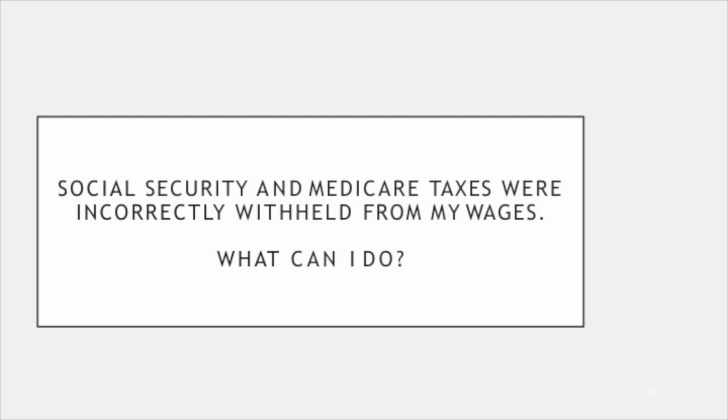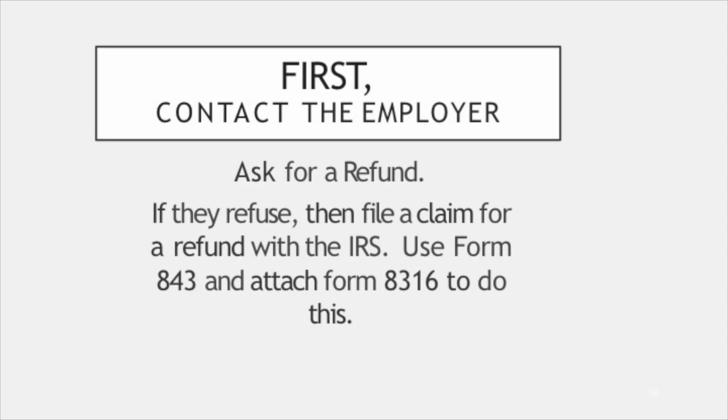Foreign students are not subject to Social Security taxes if you're on the F1 or J1 visas. So what do you do if they have withheld those taxes? Well, you can try to get them back. Number one, you have to go back to the employer and request the money be returned to you.